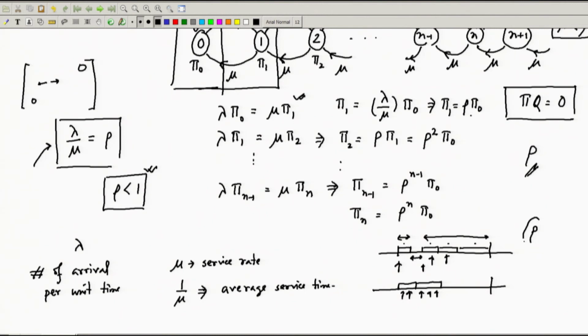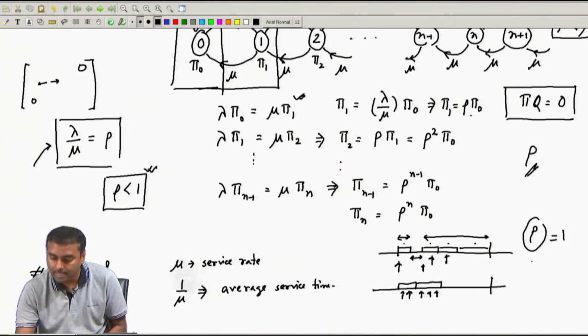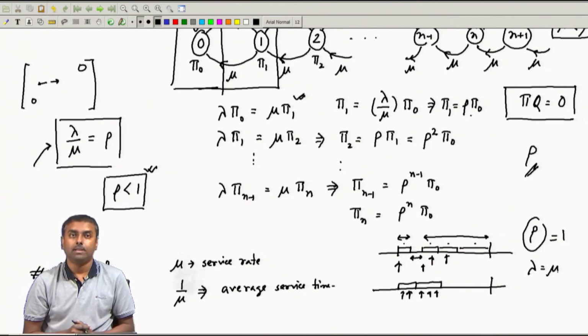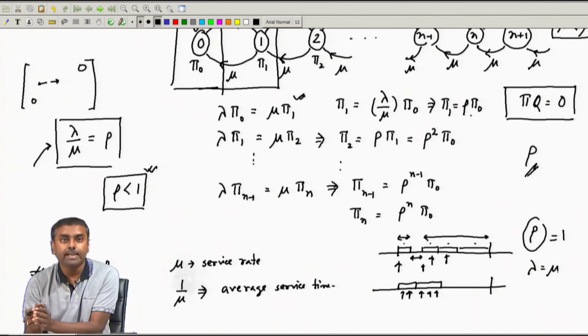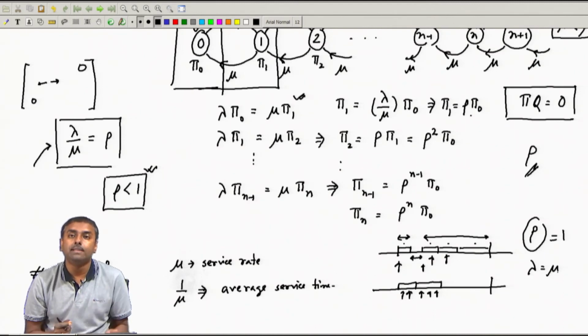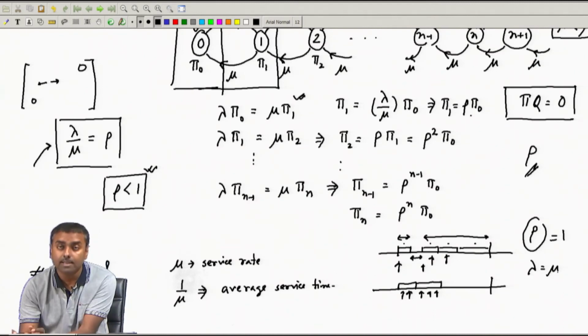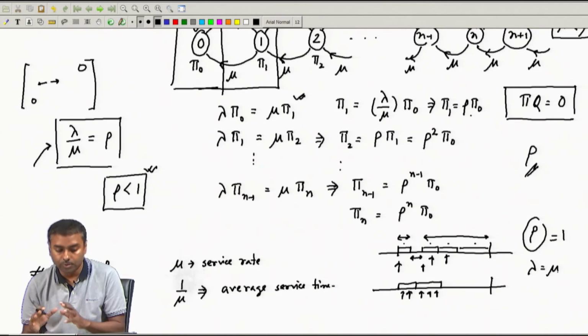So, that is actually rho, and this is characterized as the amount of traffic, and the unit is Erlang. So, when I say 1 Erlang traffic, that means the server will be completely occupied. 1 Erlang means lambda is equal to mu. If I say 0.5 Erlang, that means the server will be 50% occupied. So, that is the basic definition of rho.